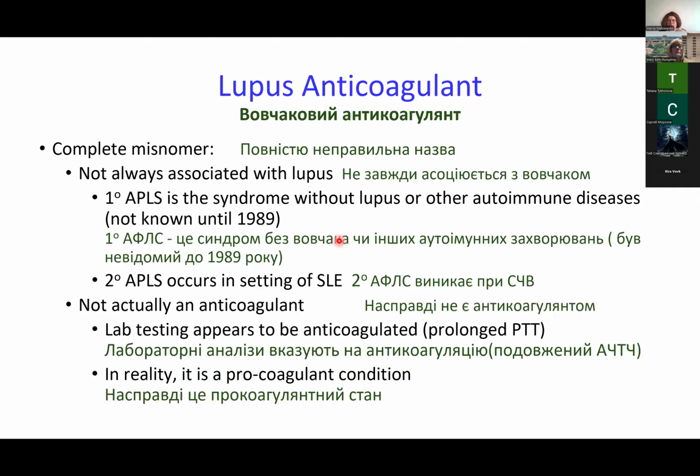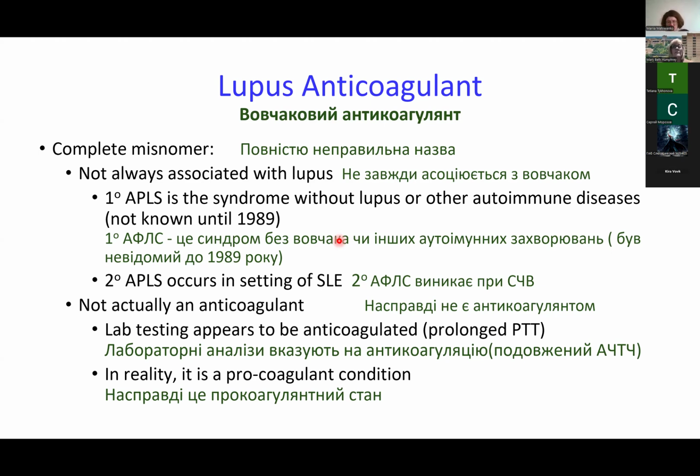Okay, so the lupus anticoagulant, like I said, is a misnomer. It's not always associated with lupus. I think it was first described as a condition that was associated with lupus, systemic lupus erythematosus, so it became known as a lupus anticoagulant. It's the primary antiphospholipid antibody that we see with lupus or without lupus.